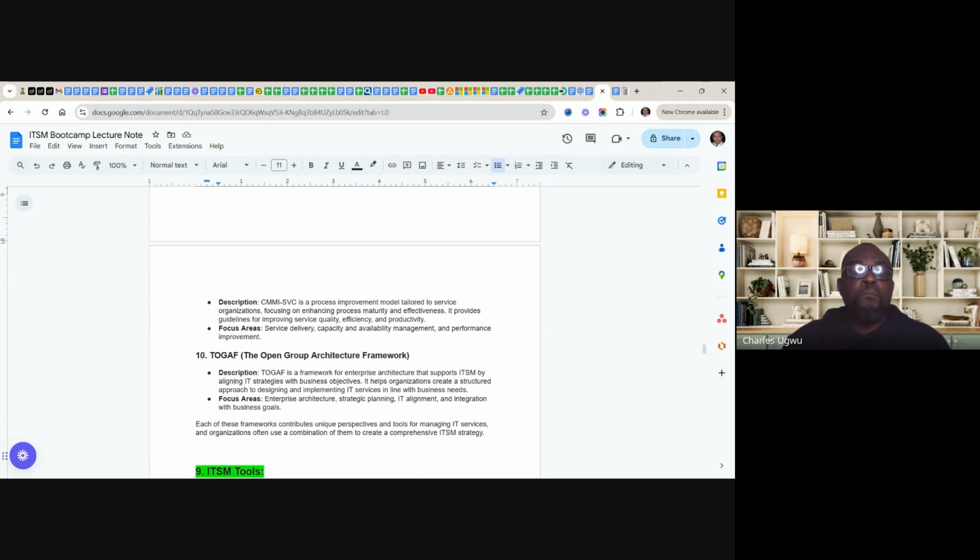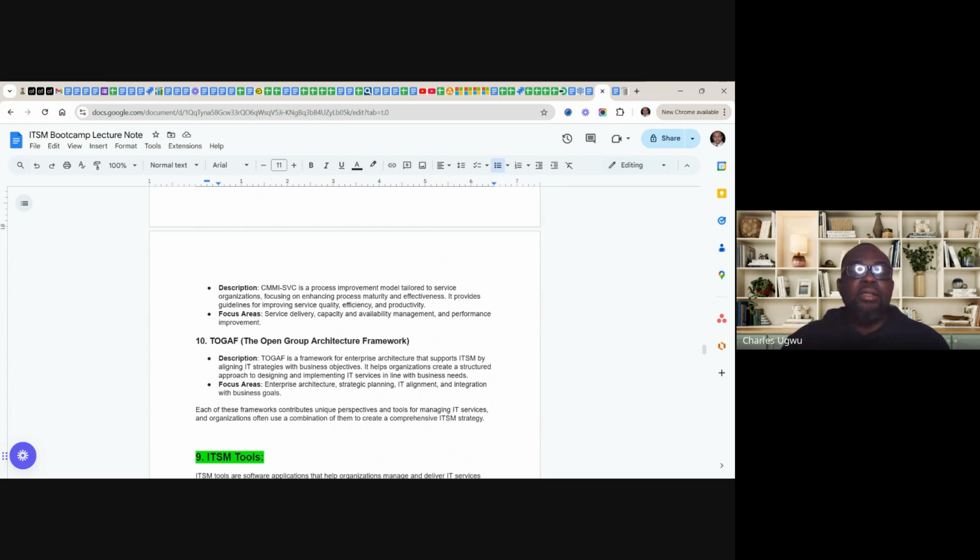And the last here is TOGAF, the Open Group Architecture Framework. This Open Group Architecture Framework is a framework for enterprise architecture that supports ITSM by aligning IT strategies with business objectives.